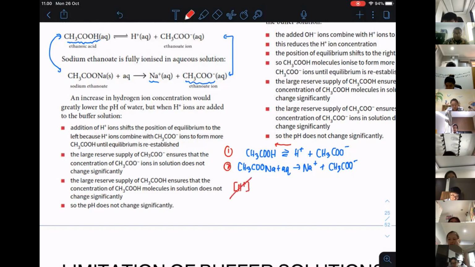H plus has been removed to give you CH3COOH. Now, Victoria, only one of the problems is solved here, which is that we removed the H plus. But what can you say about the concentration of CH3COO minus and the concentration of CH3COOH?